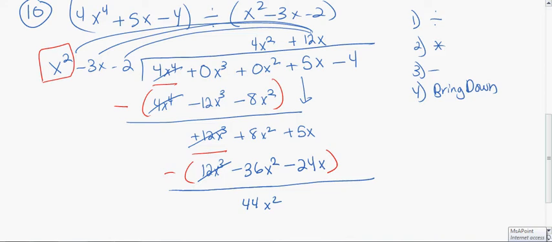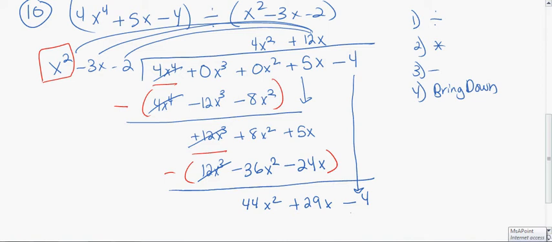Positive 5x plus 24x, right, because it's minus a negative 24, becomes positive, becomes plus 29x. And I'm done with subtracting. Last thing to do is to bring down. I'm getting close to the end here. There's my negative 4. That's the last term I'm going to have to bring down.